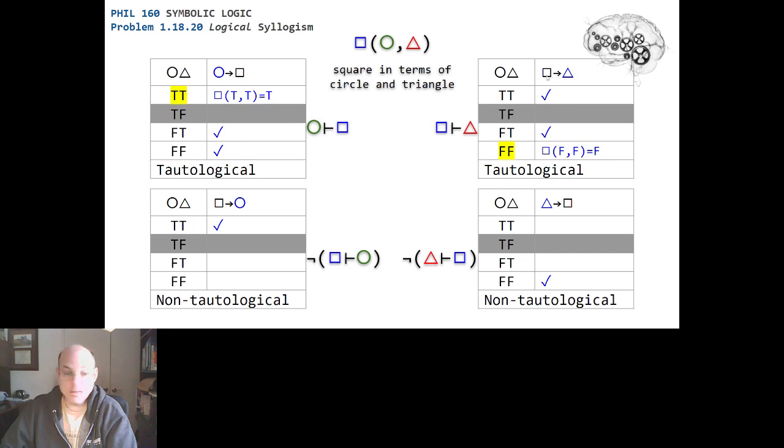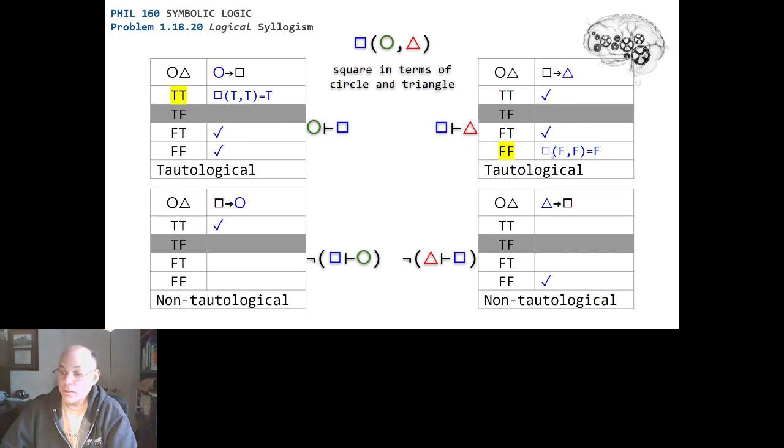So we're trying to set up a false situation between square and triangle. So square, when circle is false and triangle is false, we need the value of that statement that we're calling square to be false in order for the second tautology requirement to be satisfied.